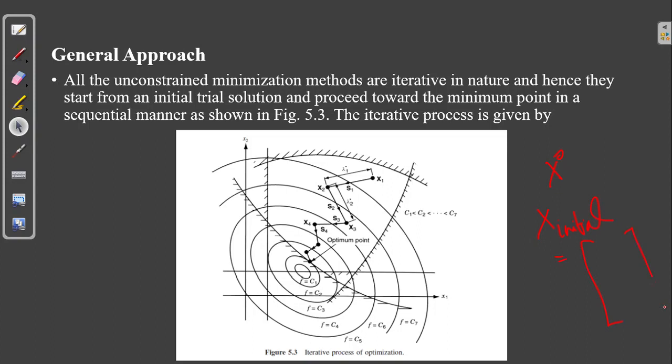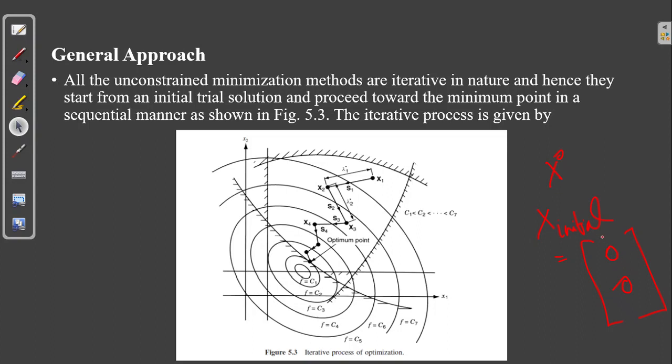If it is of two variables x1, x2, suppose we have an initial value of 0, 0. So always for unconstrained minimization methods, which are iterative in nature, we will start with an initial solution which will be given by the examiner.